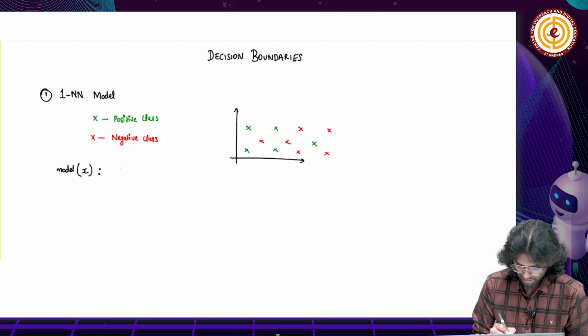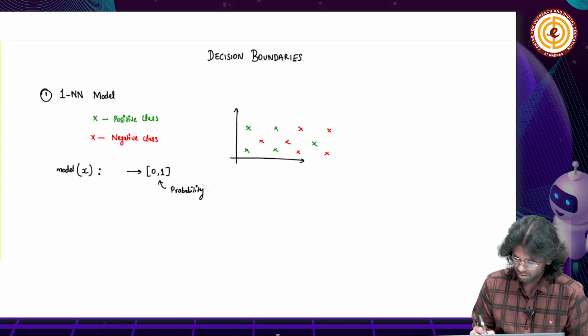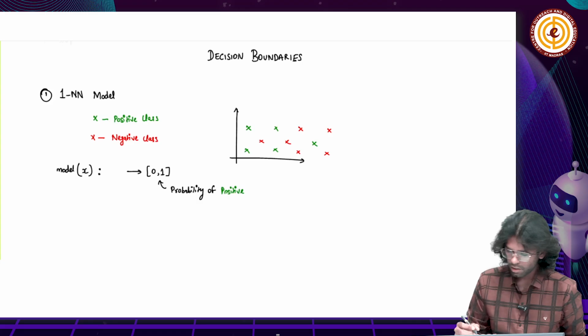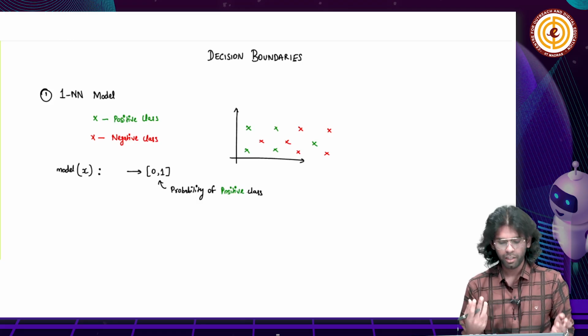So we have it outputting some number between 0 and 1, which is the probability of the positive class. The higher the probability, the more confident the model is in its prediction.